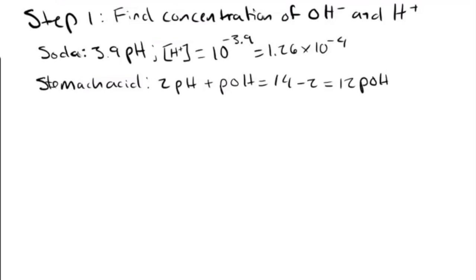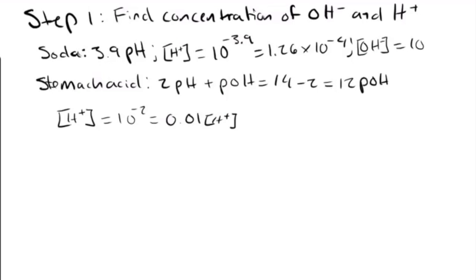For stomach acid, the pH is 2, so pH plus pOH equals 14, so 14 minus 2 equals 12, which is the pOH. And then for the concentration of hydronium ions, it's the same thing, 10 to the negative 2, which equals 0.01.